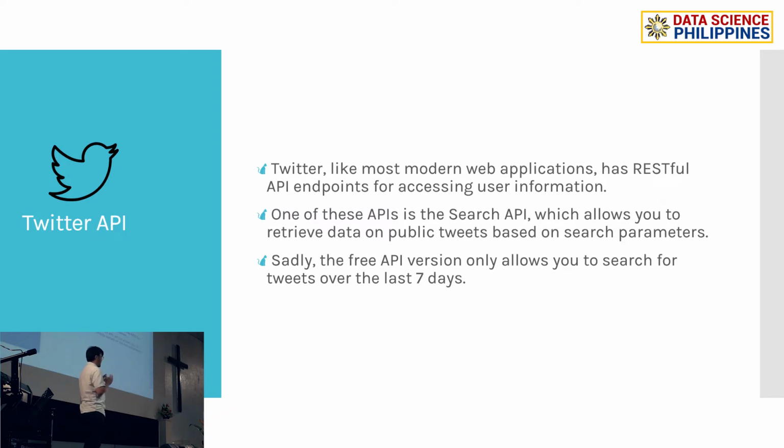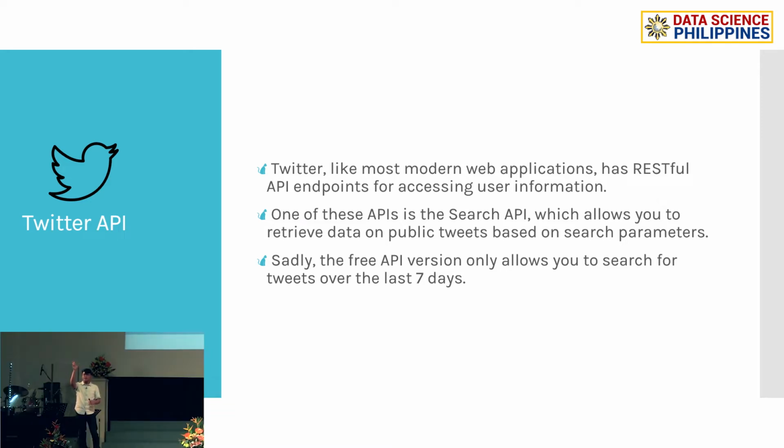One of those APIs is the search API endpoint, which allows anyone with an API key to retrieve data on public tweets. It's the same API that the search function in the Twitter homepage uses. In my analysis, I'm trying to access public tweets on a particular hashtag and topic using the search API.